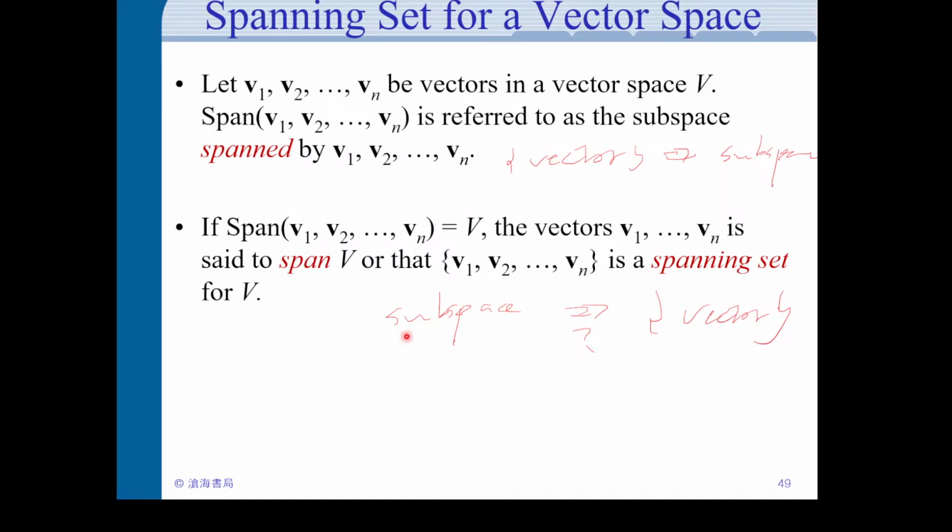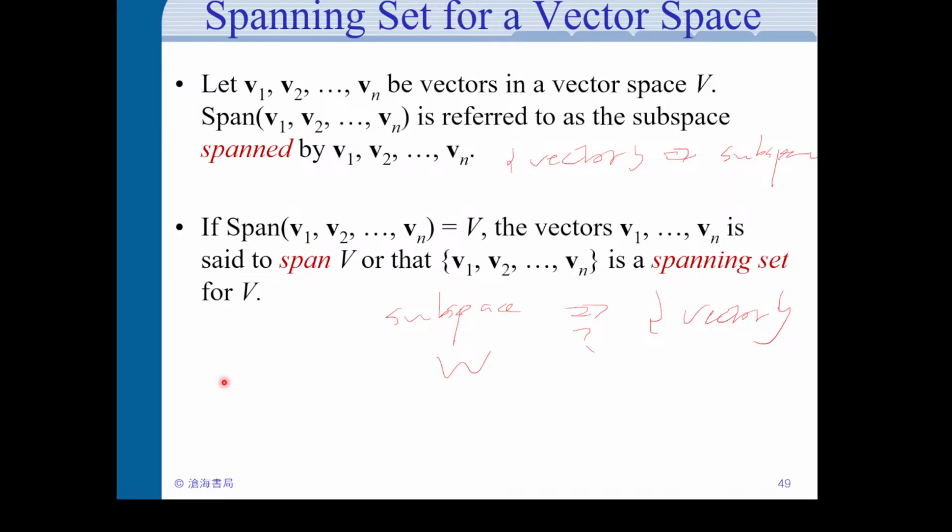So if the span of those vectors equals your subspace, then, to make this wording a little less dumb, let's call this space W. You can say the space W is spanned by these vectors v1 to vn.